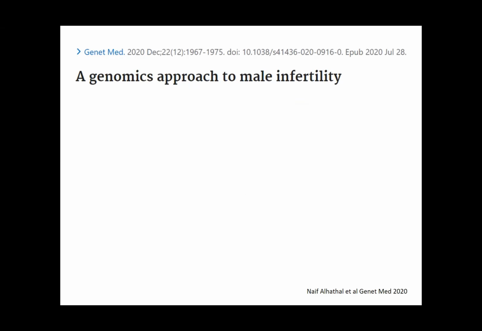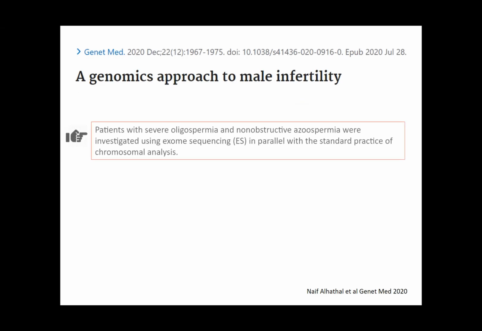Another genomic approach to male infertility was reported by Nagirnaja in 2020.